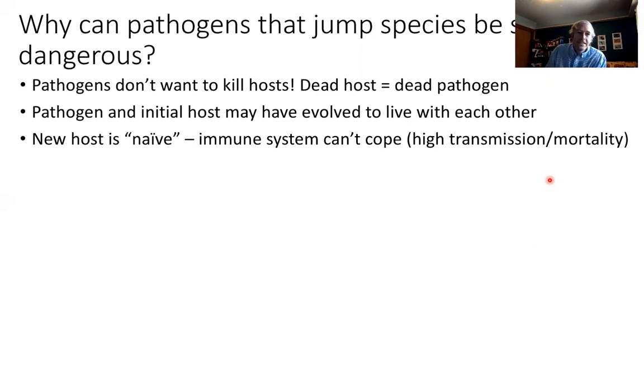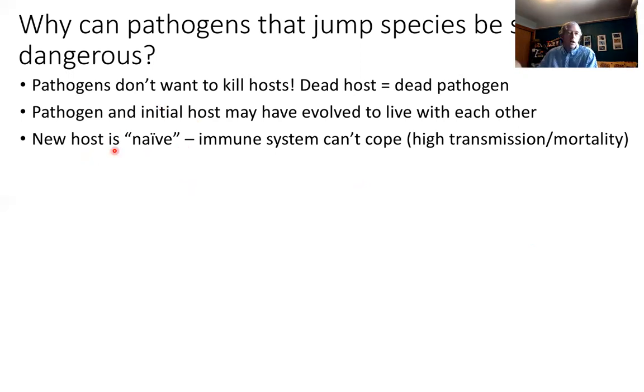Now, a pathogen and its initial host may have evolved to live with each other. They may have gone through many generations of living with each other, and so the pathogen infects the host, the host mounts a bit of an immune response and is able to keep the pathogen down, but the two have just been co-evolving for hundreds if not thousands of years. However, when the pathogen jumps into a new host, that new host is naive.